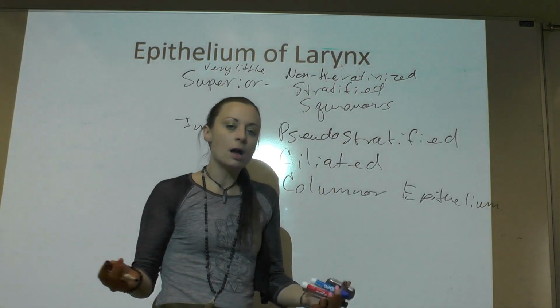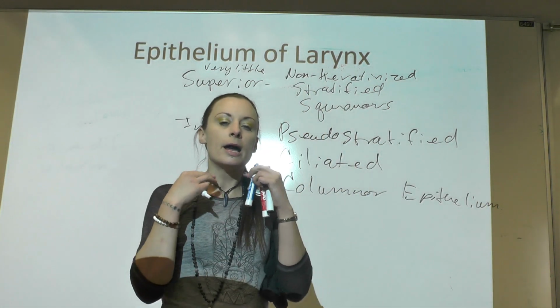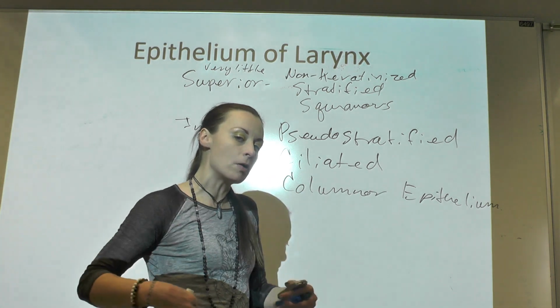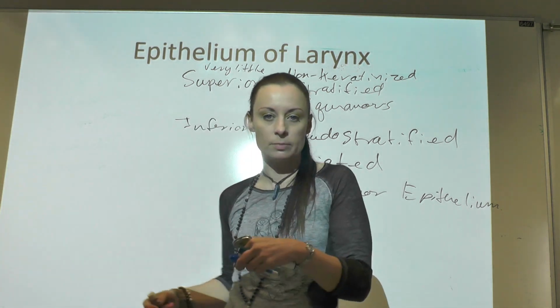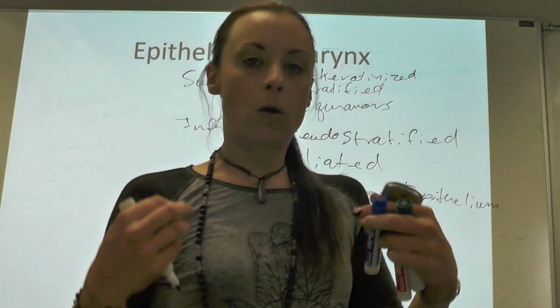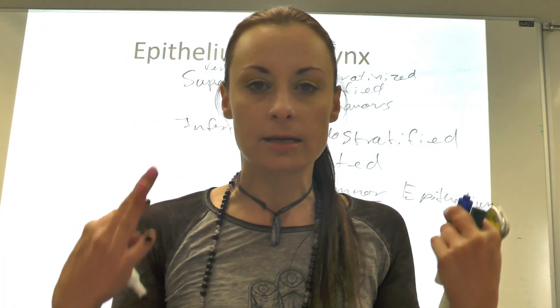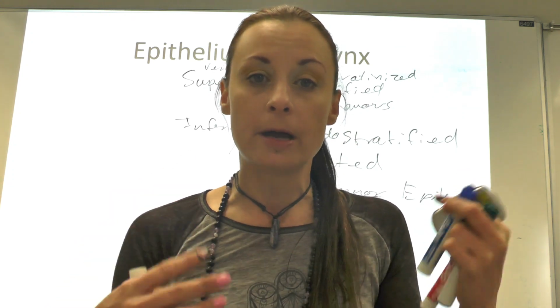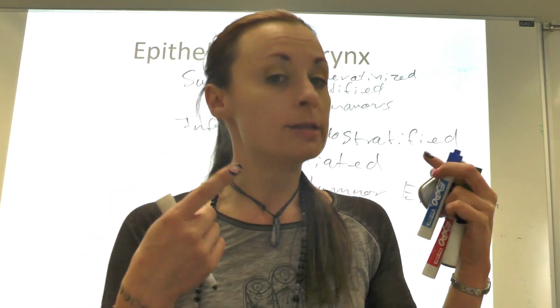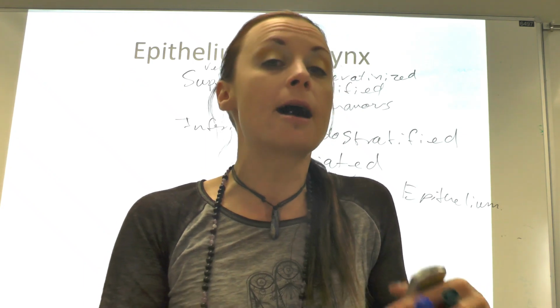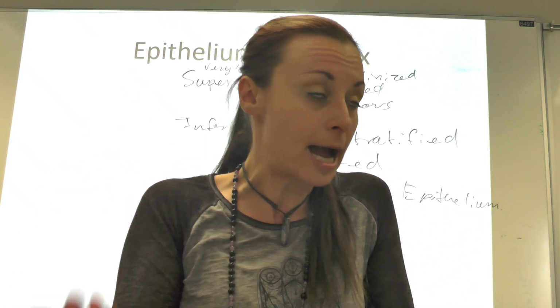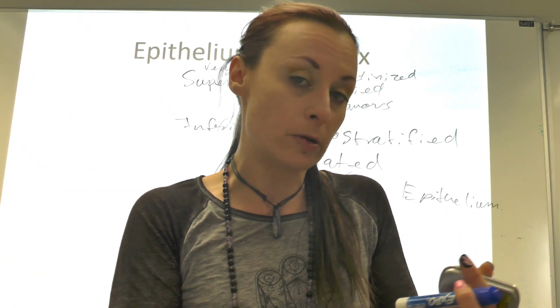Now, this tissue and all of the ciliated cells below here are going to form what's called the mucus escalator. What the mucus escalator does is it beats all of the mucus in your lower respiratory tract up to your pharynx. Why? So we can swallow it, because then it goes down our esophagus and gets to our stomach where there's hydrochloric acid and helps with all that innate immunity stuff.